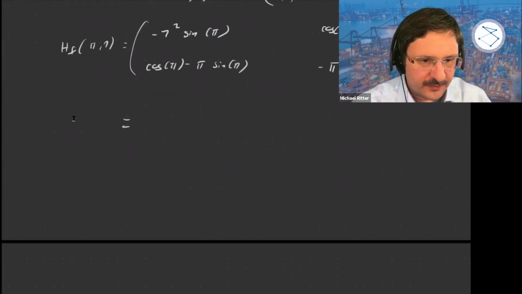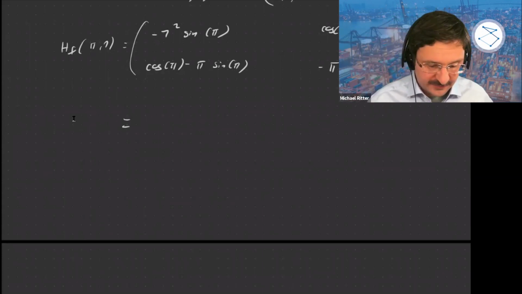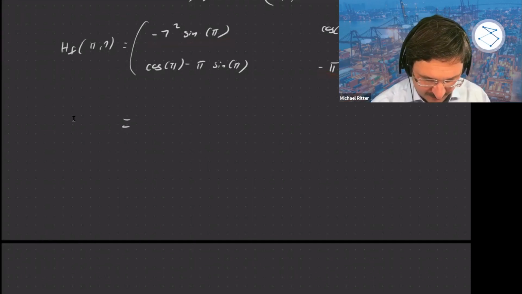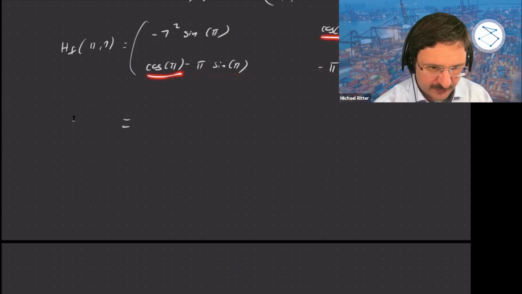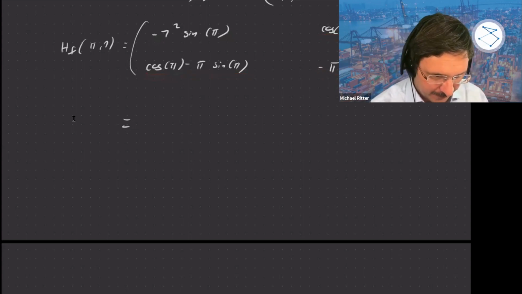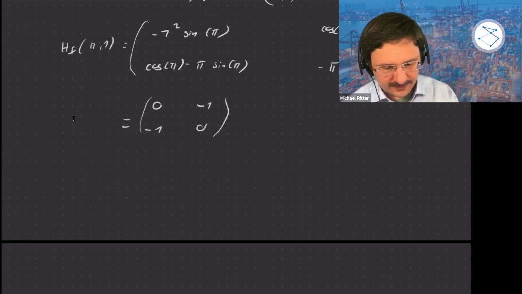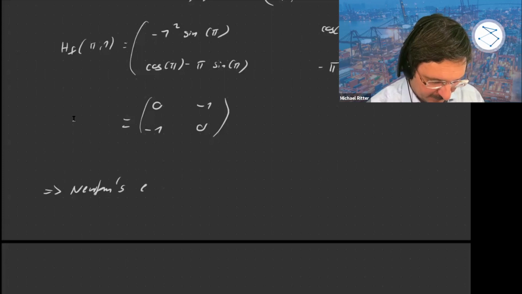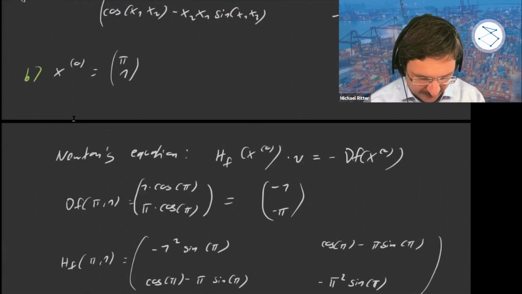And now computing the result, again, the cosine of pi is -1. The sine of pi is 0. So these terms will become 0. So we're left with cosine pi and cosine pi here, and that's -1. So what we get is 0, -1, -1, 0. And that means Newton's equation will be the equation we've written down here.